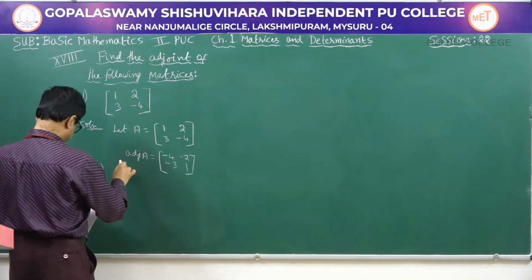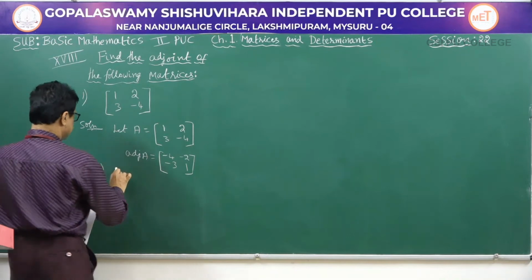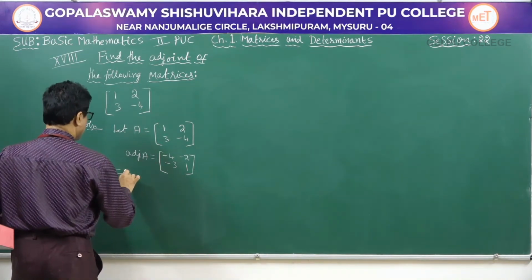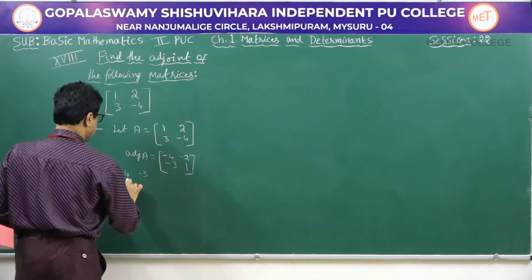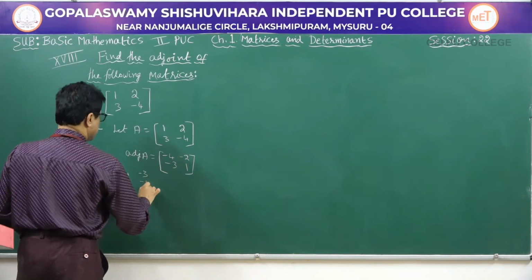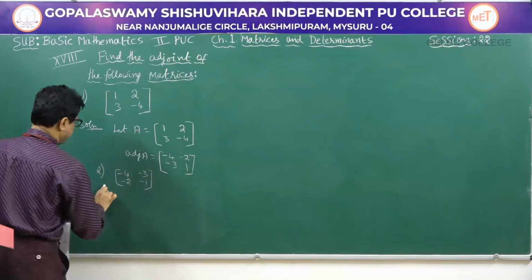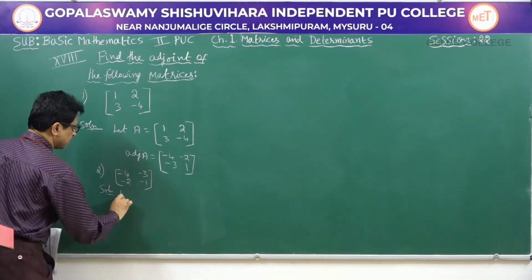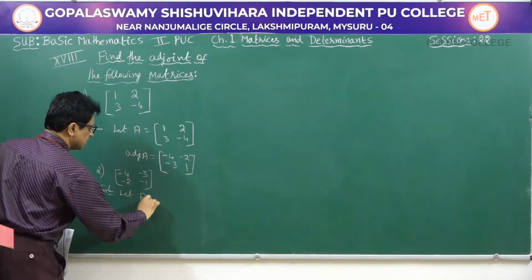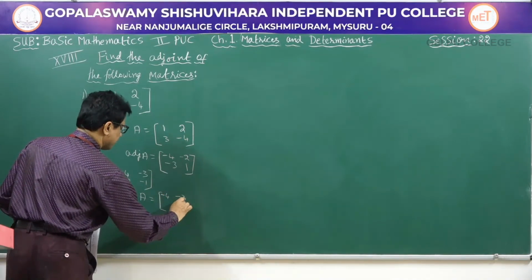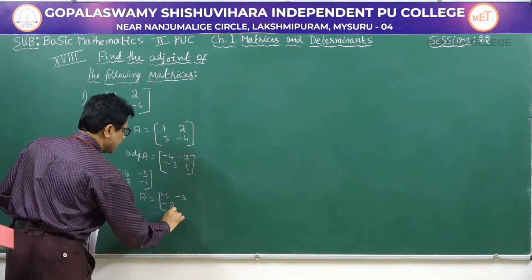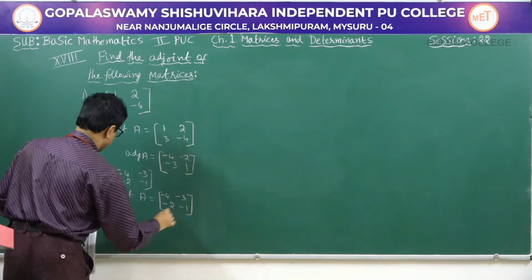Next problem, minus 4, minus 3, minus 2, minus 1. Solution. Let A equals minus 4, minus 3, minus 2, minus 1.